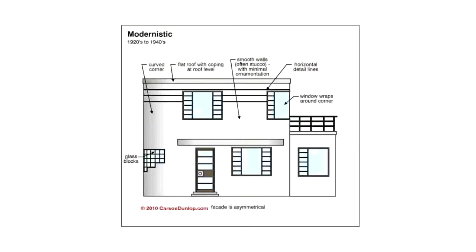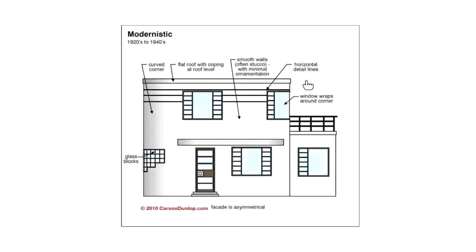There's a modernist house. These are from the 20s through the 40s, so this is Art Deco. This one has a rounded corner. It's kind of hard to see, but if you look at the shading, you know that this is a rounded corner. Very simple. They would often use steel framed windows on this, have a balcony, and here they were doing a flat roof.